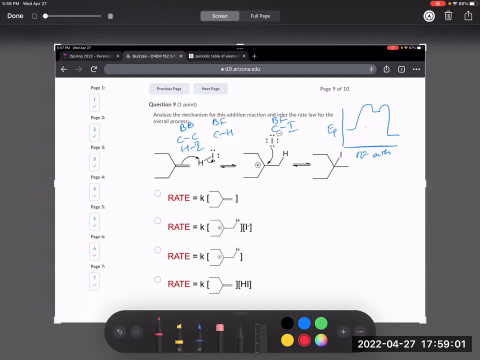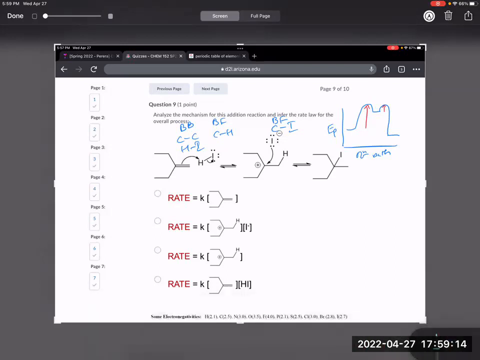You can see that we have a greater activation energy barrier for the first step and a smaller one for the second step. So the rate determining step must be the first step, which has two reactants, this alkene and HI.